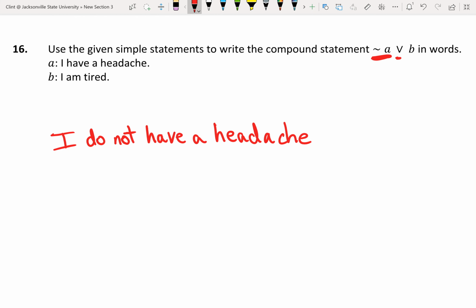And then the next symbol is or. And then statement B is I am tired. So our compound statement is I do not have a headache or I am tired. Okay. Just watch out for that negation.